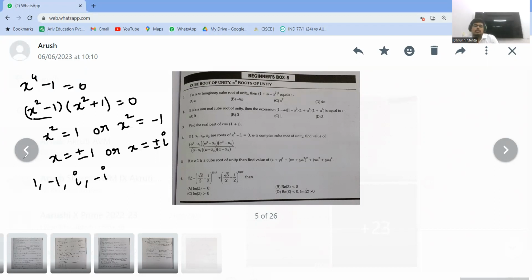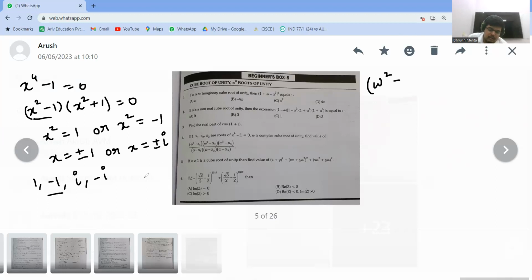Now let us substitute everything here. In the numerator we have omega square minus x1, meaning the first root. What is the first root? If we take the first root as minus 1, no, 1 is already mentioned in the question, so x1, x2, x3 is not 1.